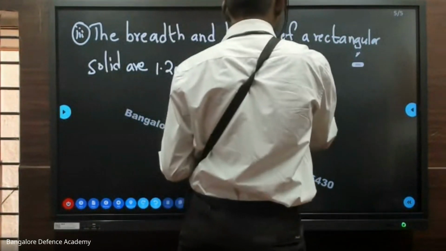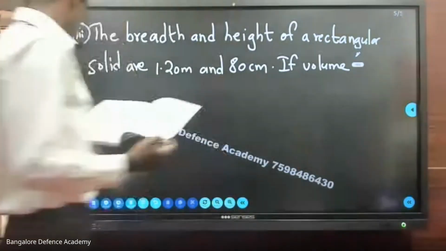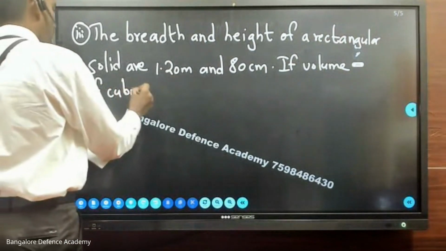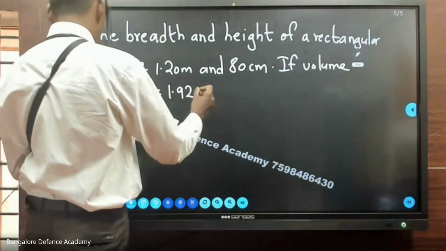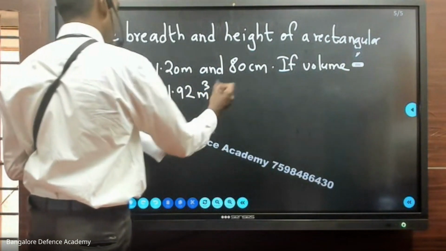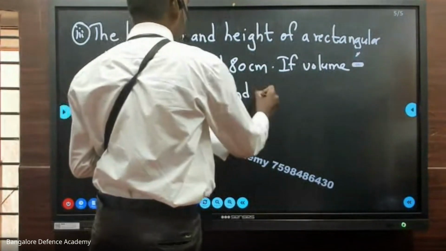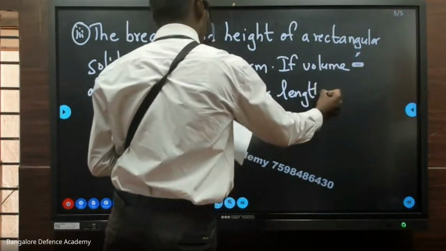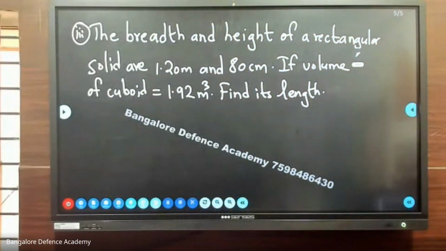If volume of cuboid is equal to 1.92 meter cube, find its length. Be careful, check the units, then you move forward.